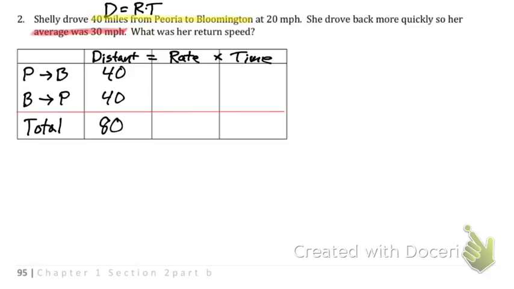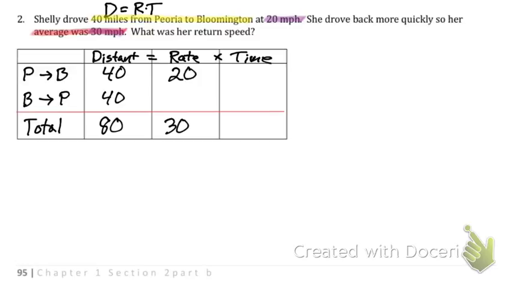All right, rates. It says that she drove 20 miles per hour from Bloomington. So we can put a 20 in for this one. It also says her average was 30 miles per hour. So our average, after all said and done, is 30.